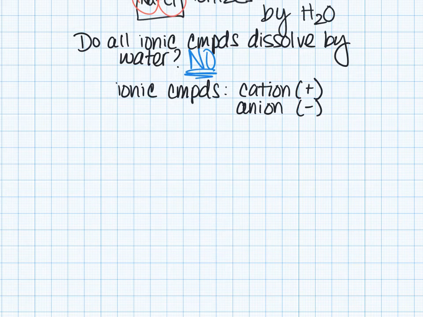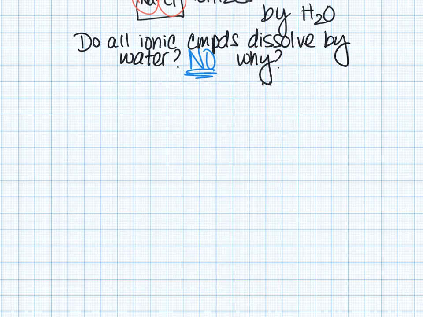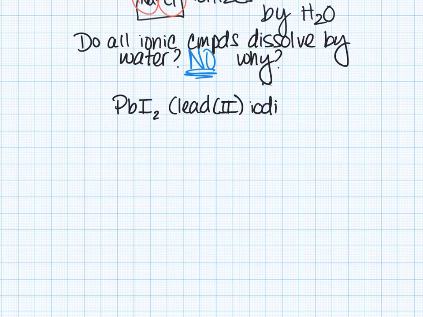So the follow-up question would then be why? Why do they not all dissolve in water? Well, if we look, for example, at something like lead(II) iodide, remember your naming, just as a reminder, lead(II) iodide, the lead is 2 positive, right? And the iodide ions have a much stronger interaction with lead than they would with water.